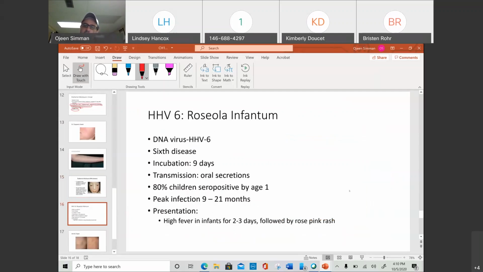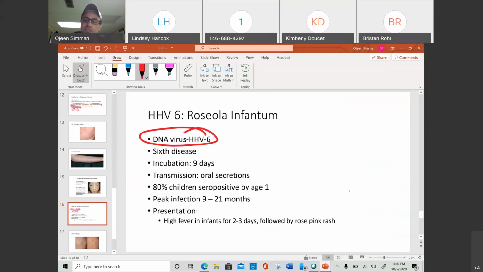The other one is roseola infantum. This is caused by human herpes virus 6, which is a DNA virus. The mode of transmission is by oral secretions.